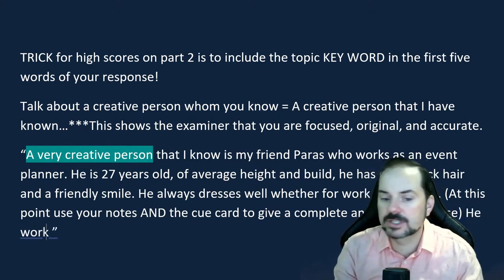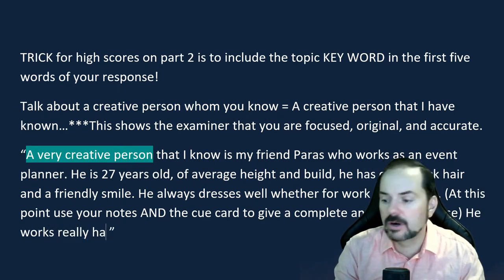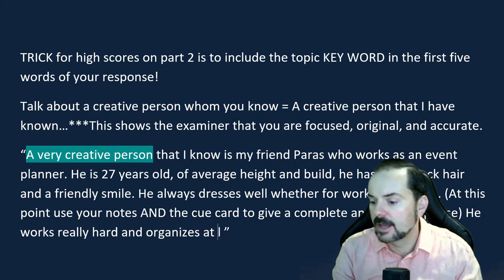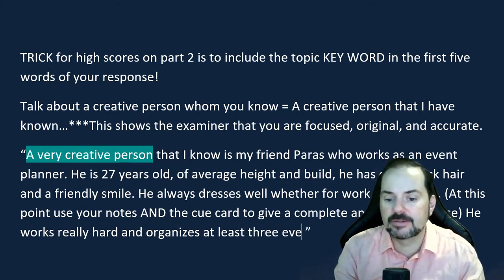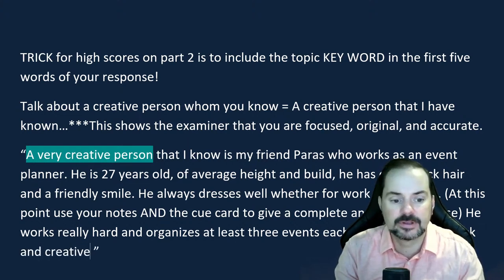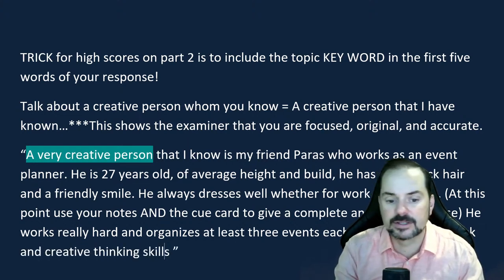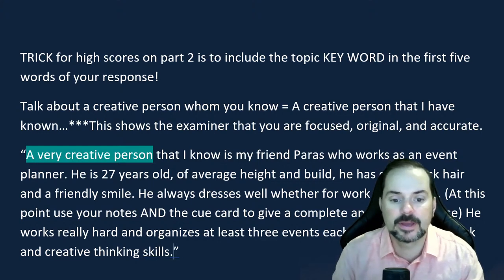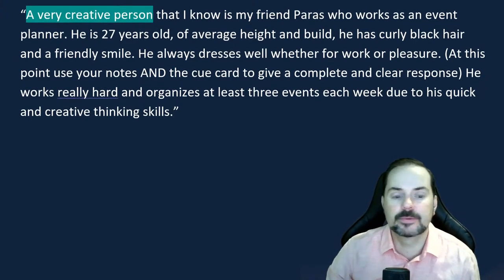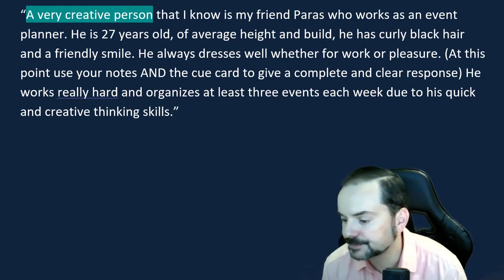So he works really hard and organizes at least 3 events each week due to his quick and creative thinking skills. Okay, good, Rajveer. There we go. You're using the notes right away. Nice. Keep going.